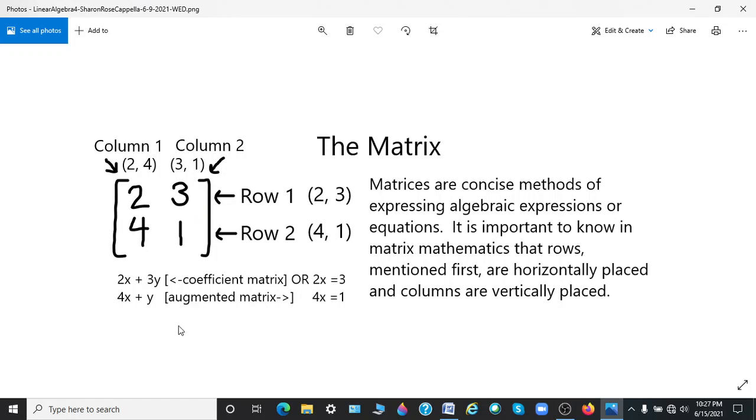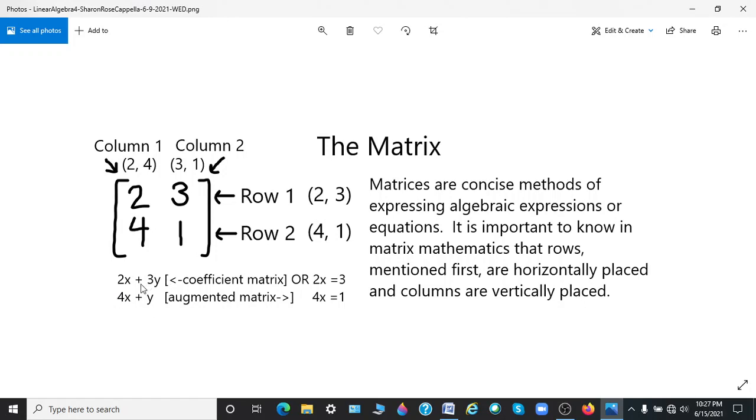Now what is important is that this matrix is congruent to this system of equations down here. 2x plus 3y, here's the 2 and the 3, in the same positioning, and the 4x plus y, 4 and 1 for y. This is the matrix form of this system of equations.